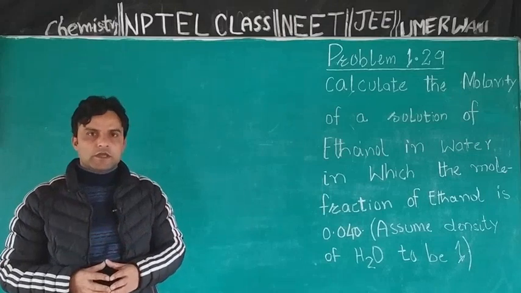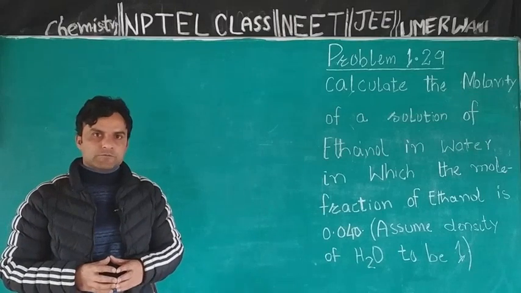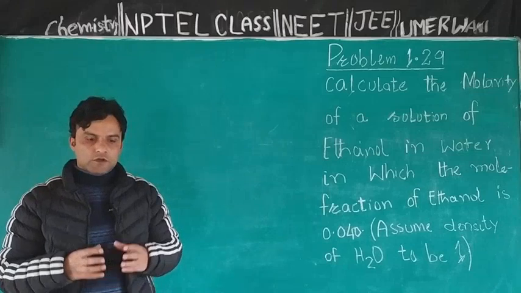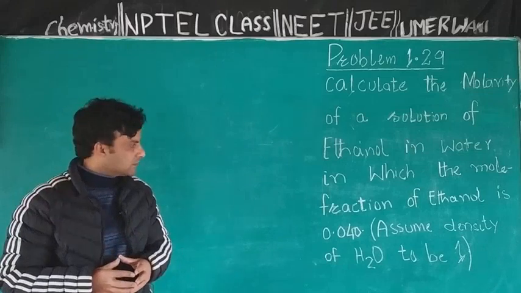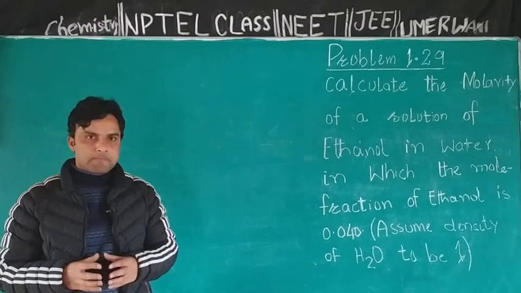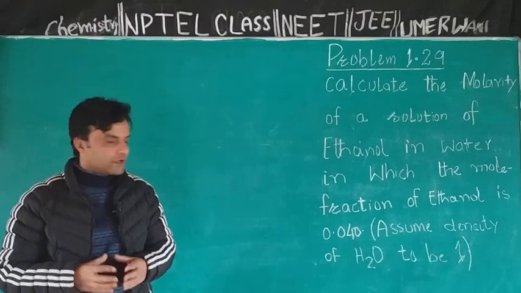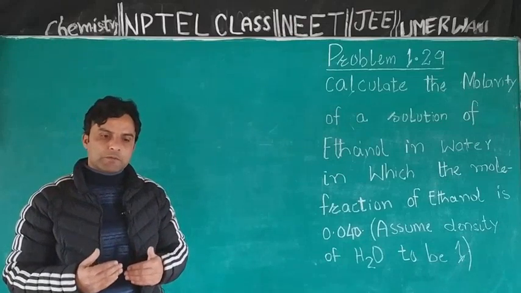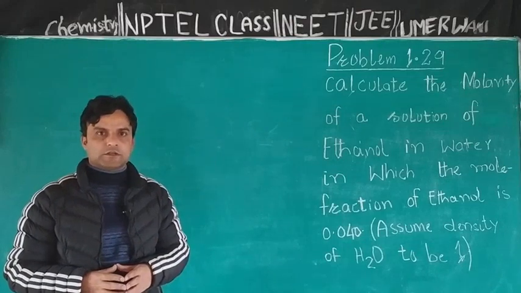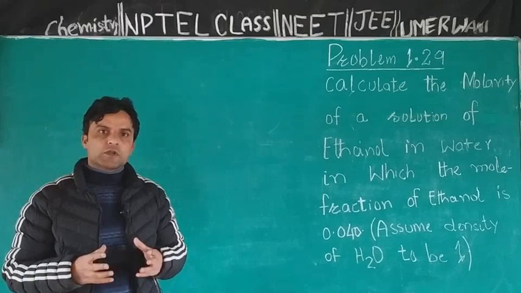Now here for this solution, concentration in terms of mole fraction of solute ethanol is given 0.040, and now we have to calculate concentration of this solution but in terms of molarity, that is molar concentration.